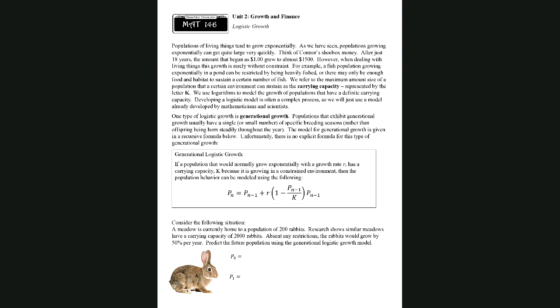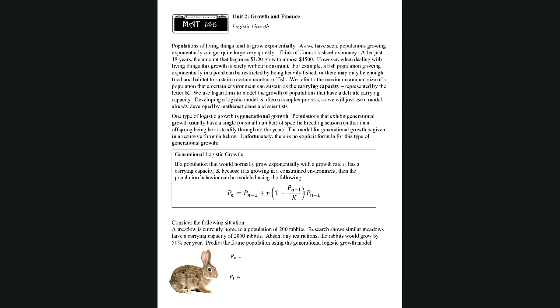Things growing exponentially without any restrictions can get very large very quickly. However, when dealing with populations of animals or people or plants, there are rarely no restrictions. Growth is usually constrained, and that's where logistic growth comes in.